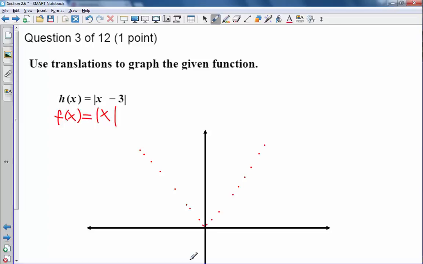No, it's always opposite with x. So it shifts right. If this is 0, it's going to be 3 right. This is 0, 0, and its new location is 3, 0. And you're going to make a V shape there, and that's it. Make sense?